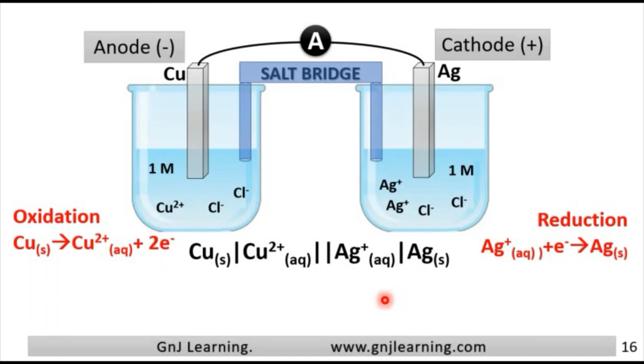So it is now clear that electrodes can either function as cathode or anode, and what decides it? It is decided by the electrode potential. Whichever has higher reduction potential or electrode potential, because it is the reduction potential of Ag+ that gives its high electrode potential.